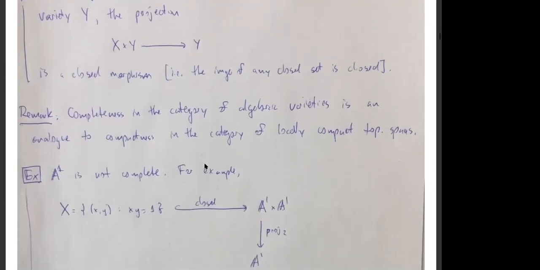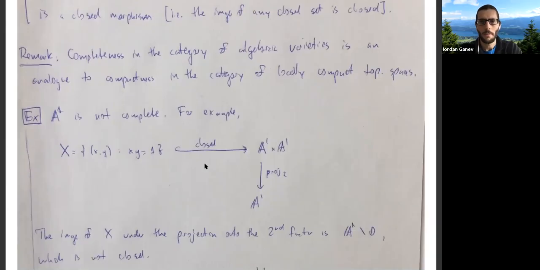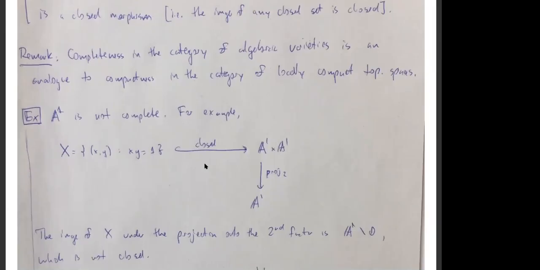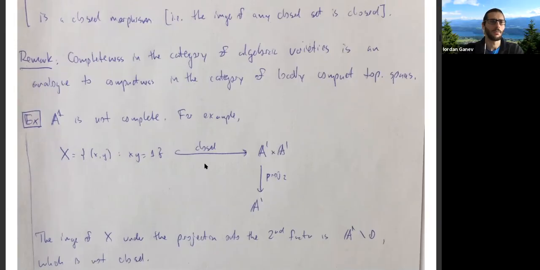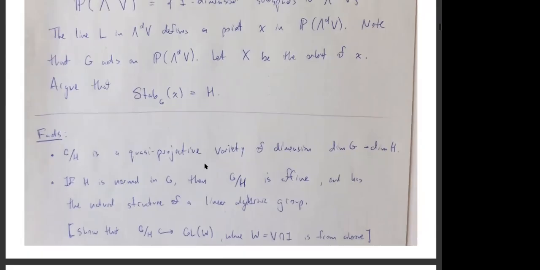First example, so the claim is that, is there a question? Yeah, I have a question about the previous proof. You said it was a quasi-projective variety, and I see why it's open, but why would it be closed if we have to have a special property about the image being closed after this?